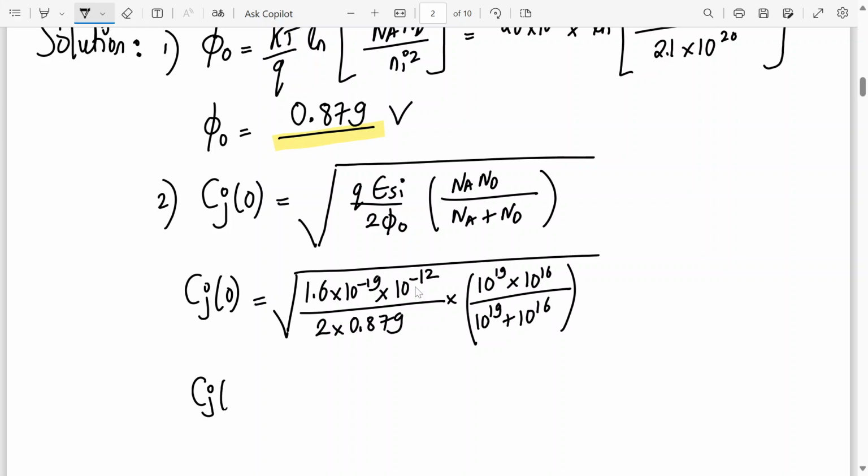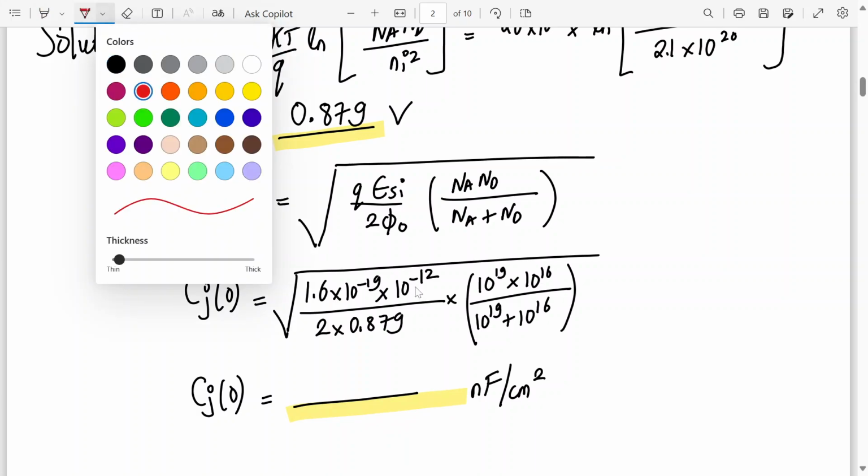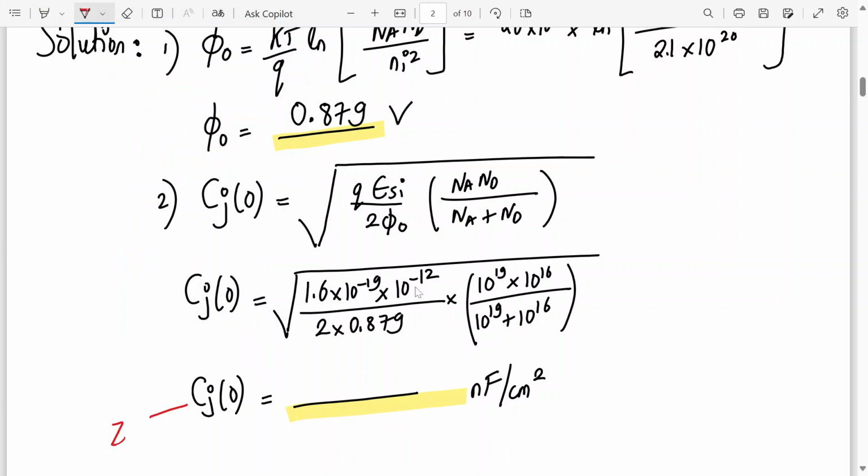So calculate this number and let me know the answer. This will be in nanofarad per centimeter square. And this is called zero bias junction capacitance. So let me know the value once you get it.